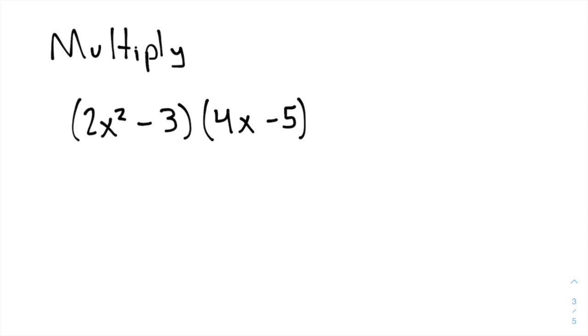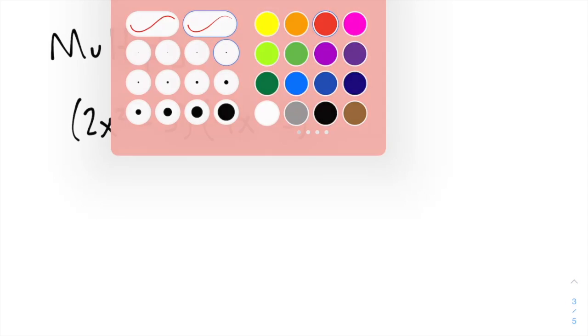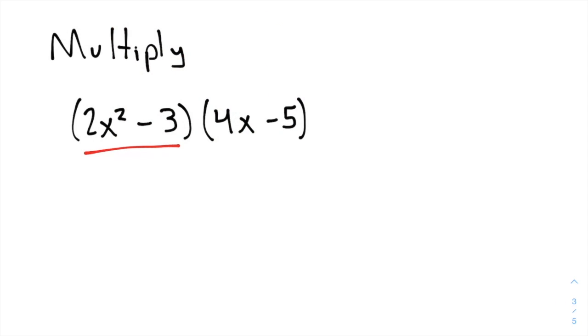Okay, here we have another multiplication problem where we have a binomial multiplying another binomial. So what we do is we're going to take every term in the first set of parentheses and multiply it to every term in the second set of parentheses.